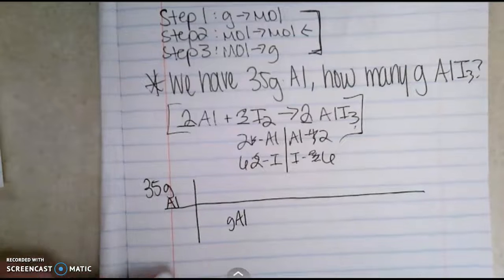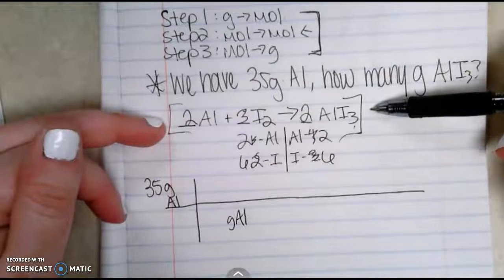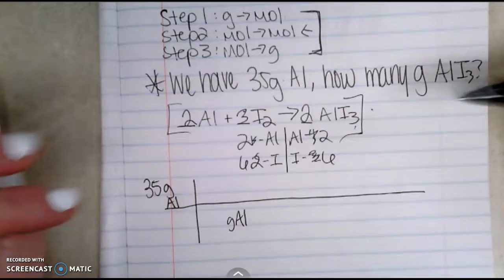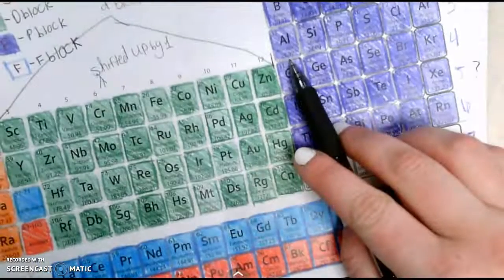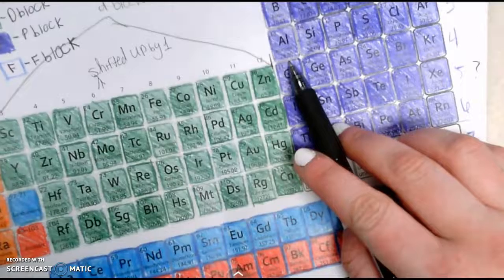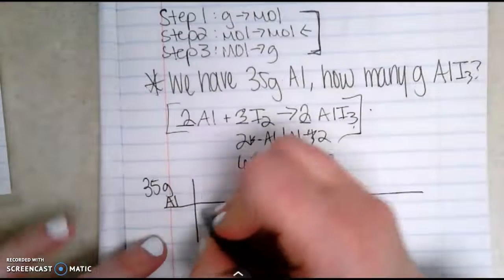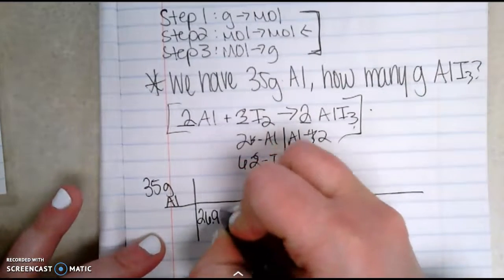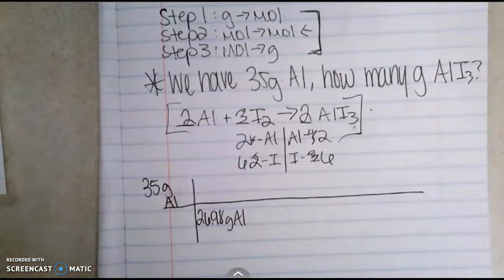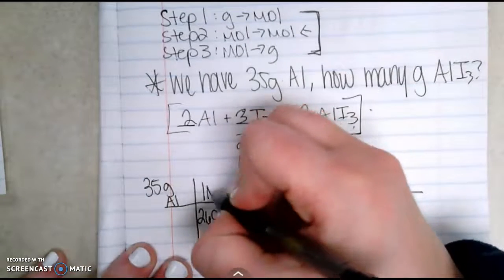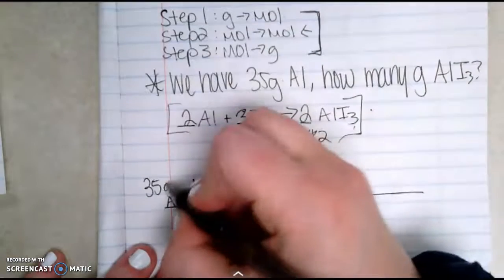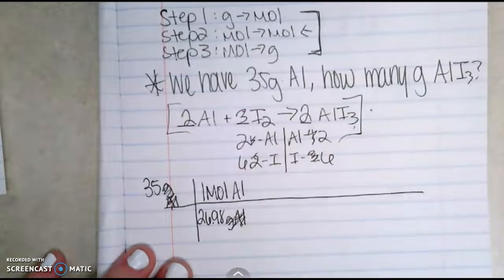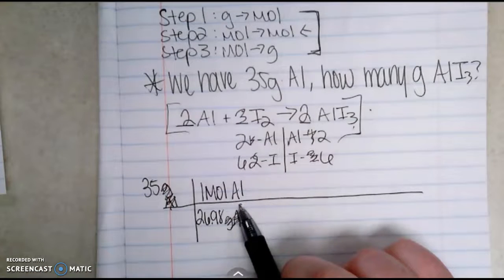My problem does not give me that, so I go to my periodic table, where aluminum is 26.98 grams. So 26.98 grams of aluminum is how much aluminum is in 1 mole of aluminum. Grams of aluminum cancel each other out, and I'm left with moles of aluminum.